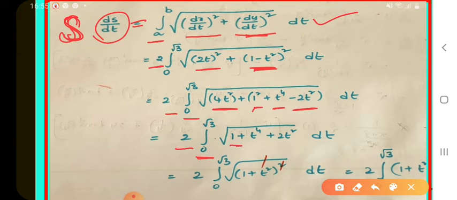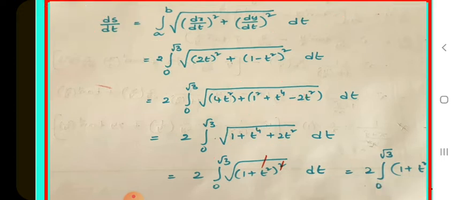First I write 1 plus t power 4, 4t square minus 2t square plus 2t square. So see here, 1 plus t power 4 plus 2t square is the formula of 1 plus t square whole square. So I write root of 1 plus t square whole square. Here I cancel root and square. So what do we have here?